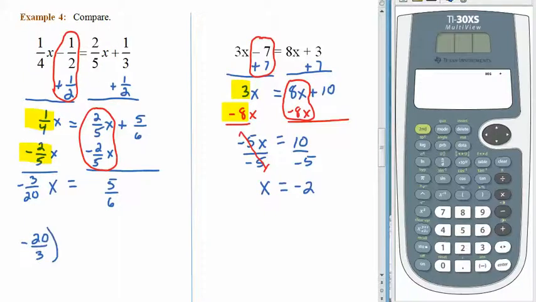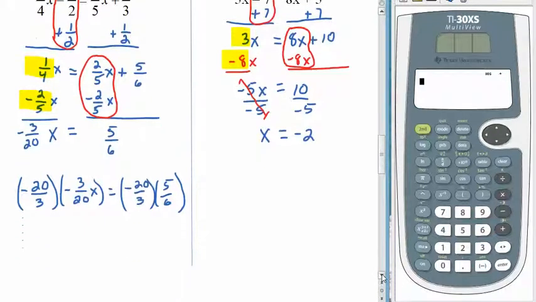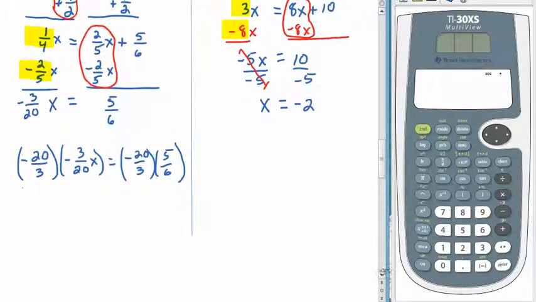It's really important to use your parentheses here so that it doesn't look like we are subtracting things. So we multiply both sides by -20/3. Let's see what that gives us.